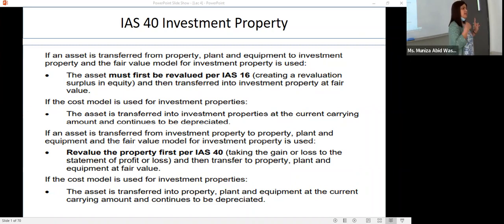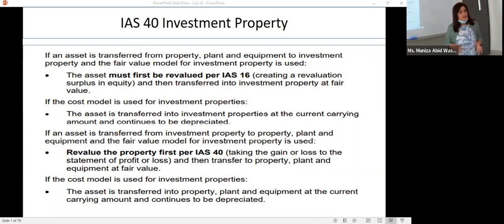In IS 16, the two models which are given to us are the cost model and the revaluation model. Under IS 38, we have cost model and fair value model, but we are going to adopt it in a different manner. Under IS 40, we have cost model and fair value model. When we are adopting a cost model, then the investment property has to be recognized at its cost minus accumulated depreciation, minus any kind of impairment losses.